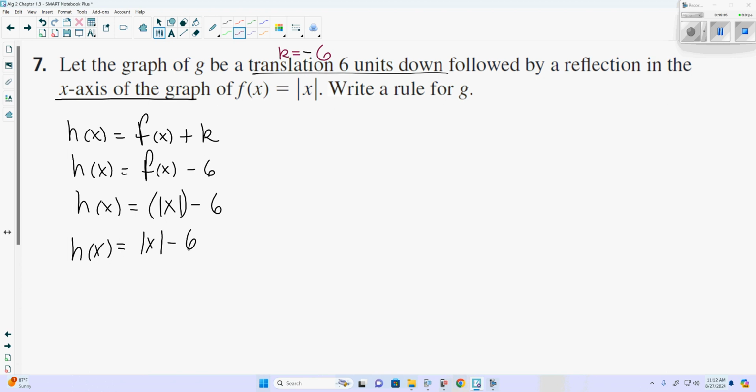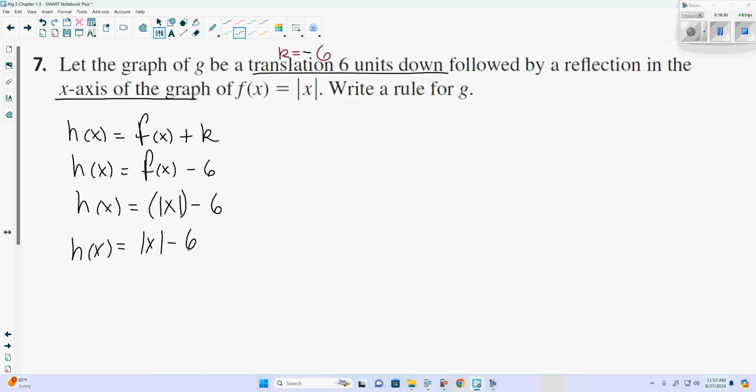Because especially if we're plugging it into something, so our horizontal translation left to right, our horizontal stretch and shrink, our reflection across the x-axis, y-axis, and vertical, where we're having to apply something through the function, the parentheses are necessary. Here, we end up sticking something onto the end.